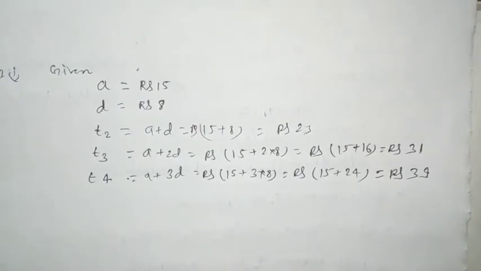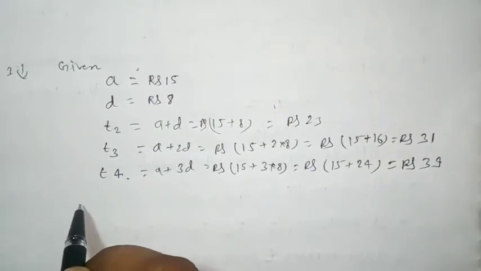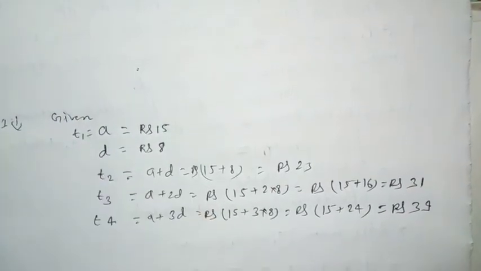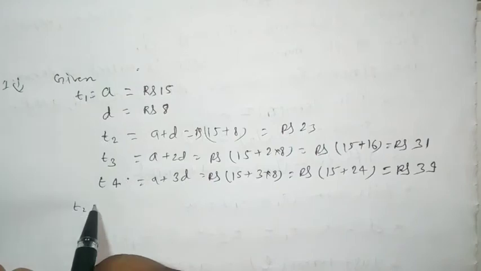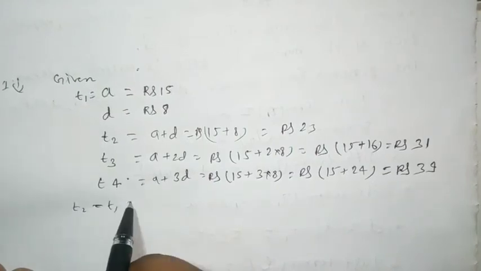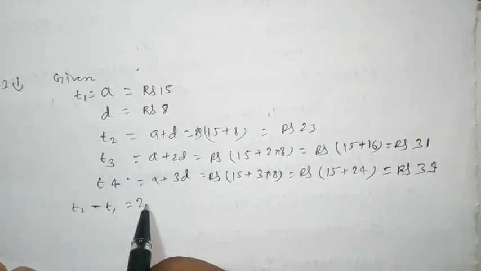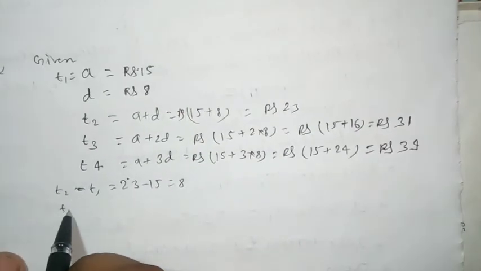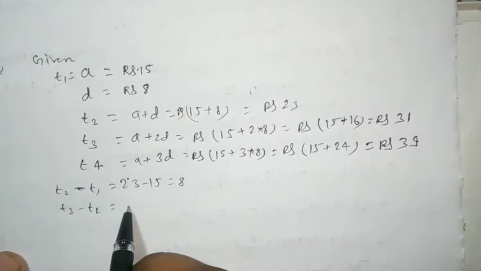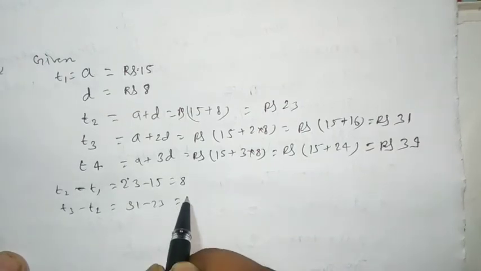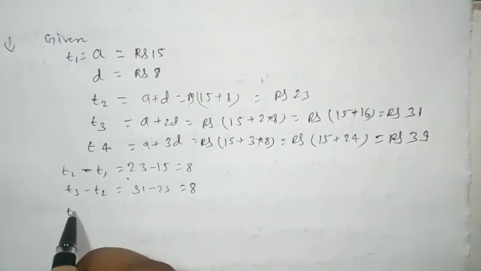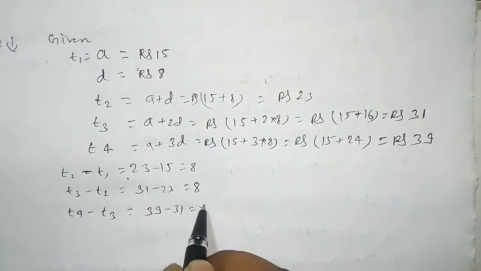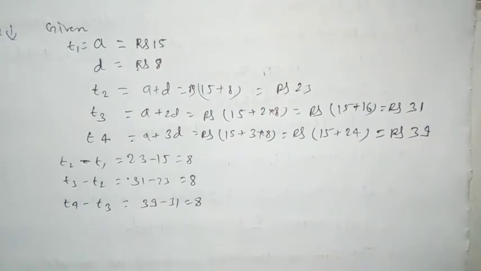So here the first term A, I also say T1. T2 minus T1 is equal to 23 minus 15 is equal to 8. T3 minus T2 is equal to 31 minus 23 is equal to 8. T4 minus T3 is equal to 39 minus 31 is equal to 8. It means the common difference is the same.